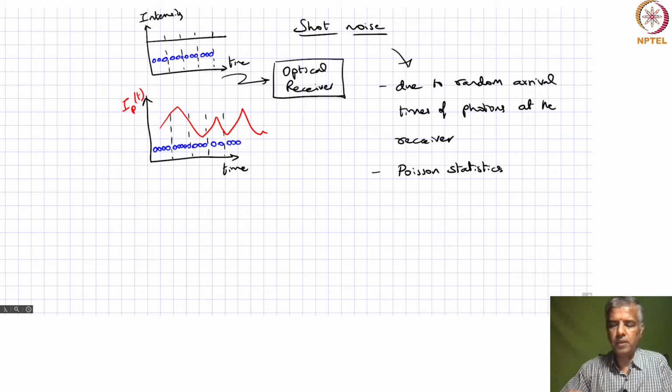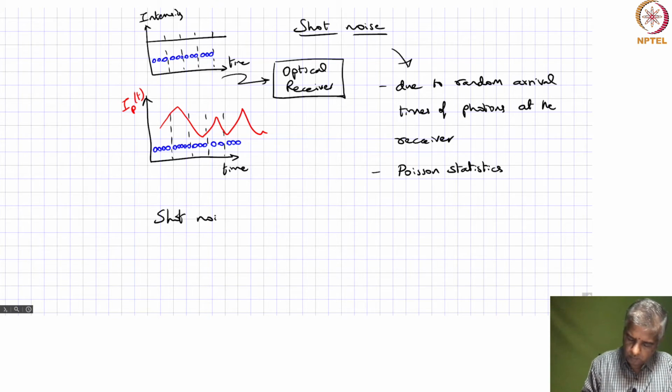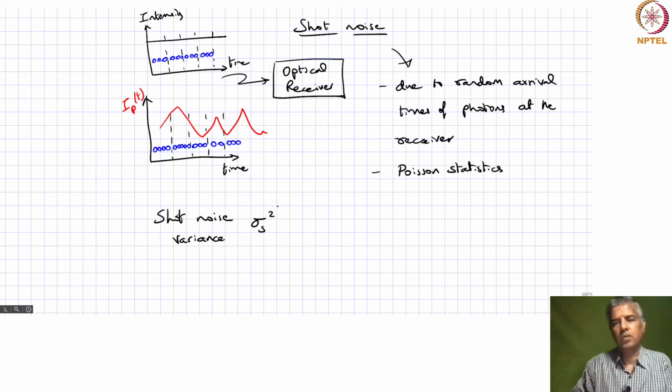So let's actually try to quantify that. If you were to quantify that, you would typically look at the variance of this noise. So the shot noise variance, let's call it sigma square.